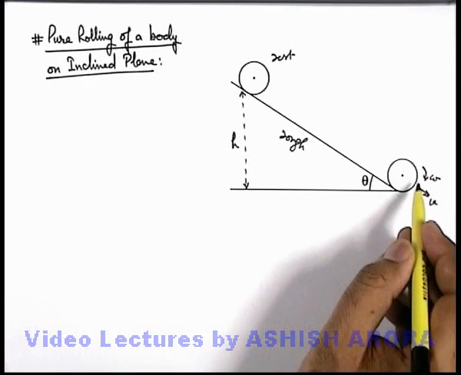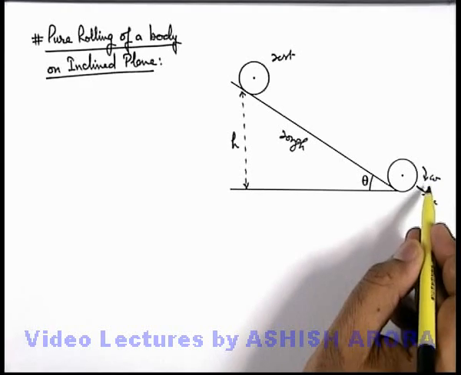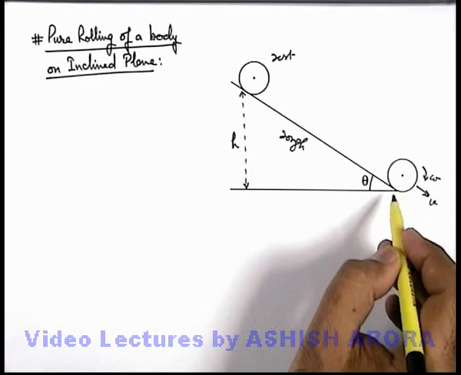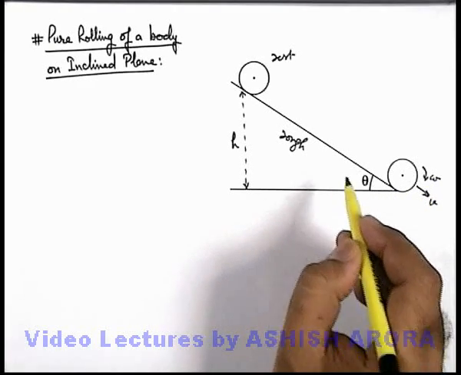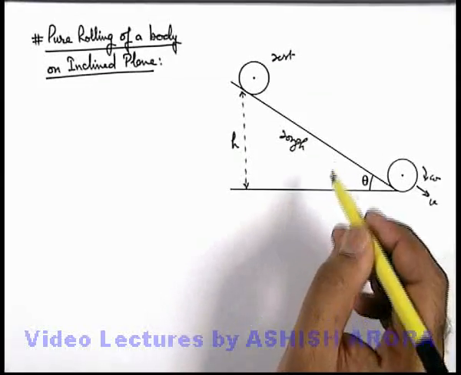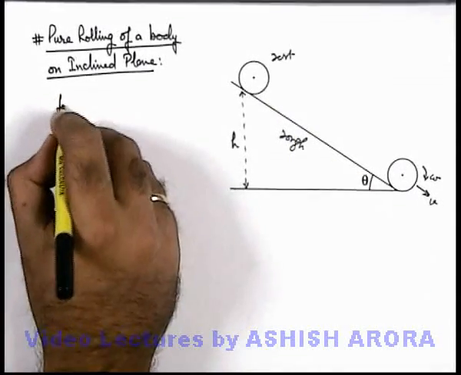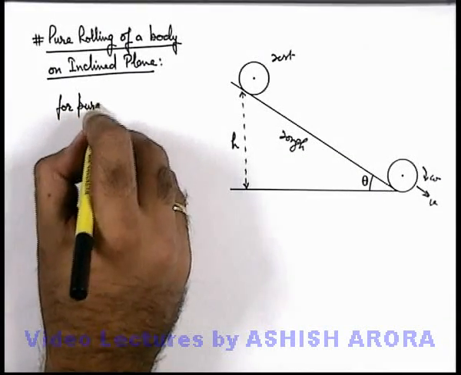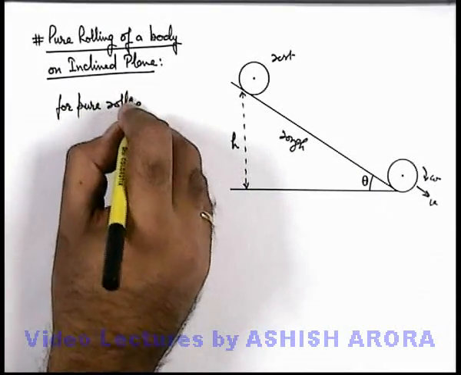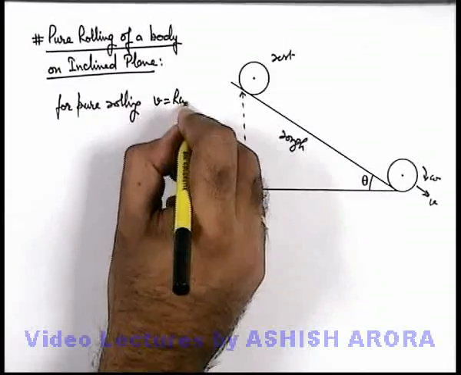Then in this situation, we can easily find the linear and angular speed at the bottom of the incline by using energy conservation or the work energy theorem. Here we can say for pure rolling, V is equal to R omega.